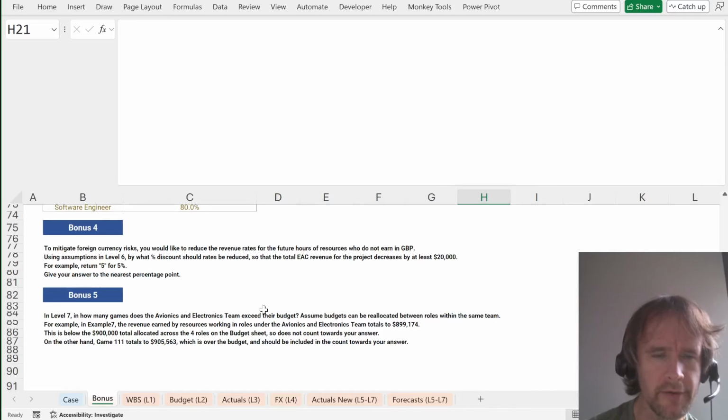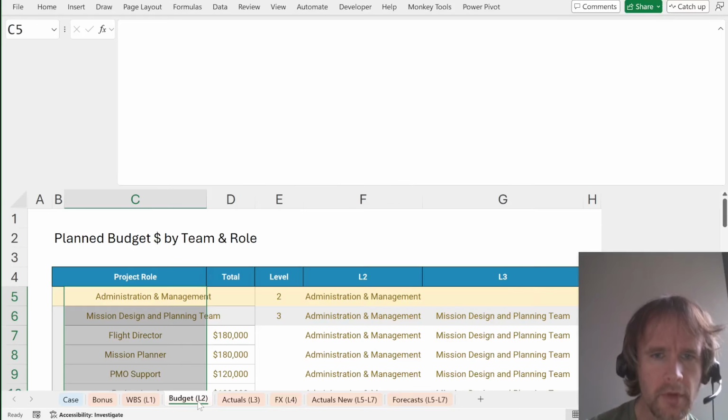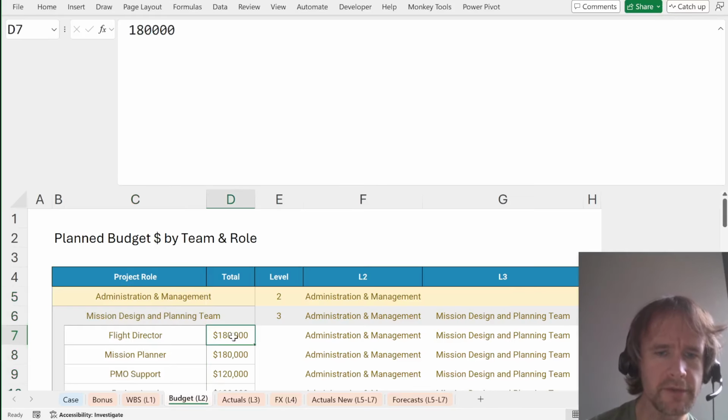Just getting tired. Level 7, and how many games does this team exceed their budget? This is the budget, it's the 180.